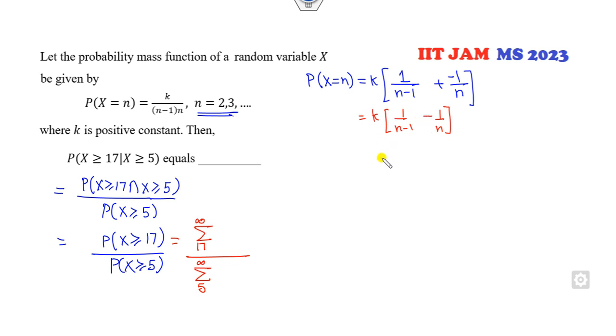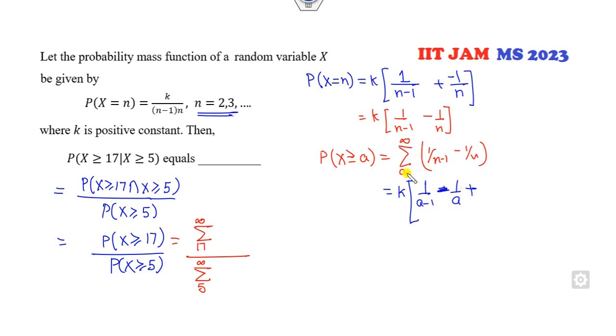Now what is the meaning of that? Because you can see if I add them, I can simply take the value at x equal to a, which is the summation from a to infinity of the expression in n minus 1. Clear? So what will happen? k I can take outside. First value is 1 over a minus 1 minus 1 over a.